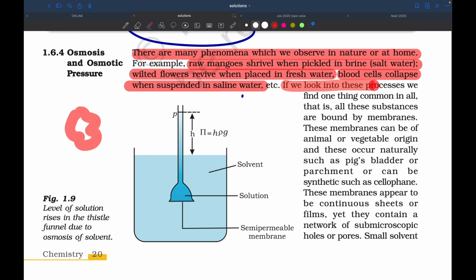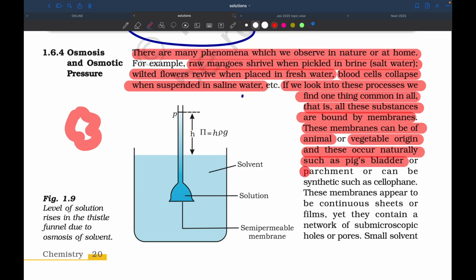If we look into these processes, we find one thing common in all, that is all these substances are found bound by a membrane. This membrane can be of animal or vegetable origin, and these occur naturally, such as pig's bladder or parchment paper, or can be synthetic such as cellophane.